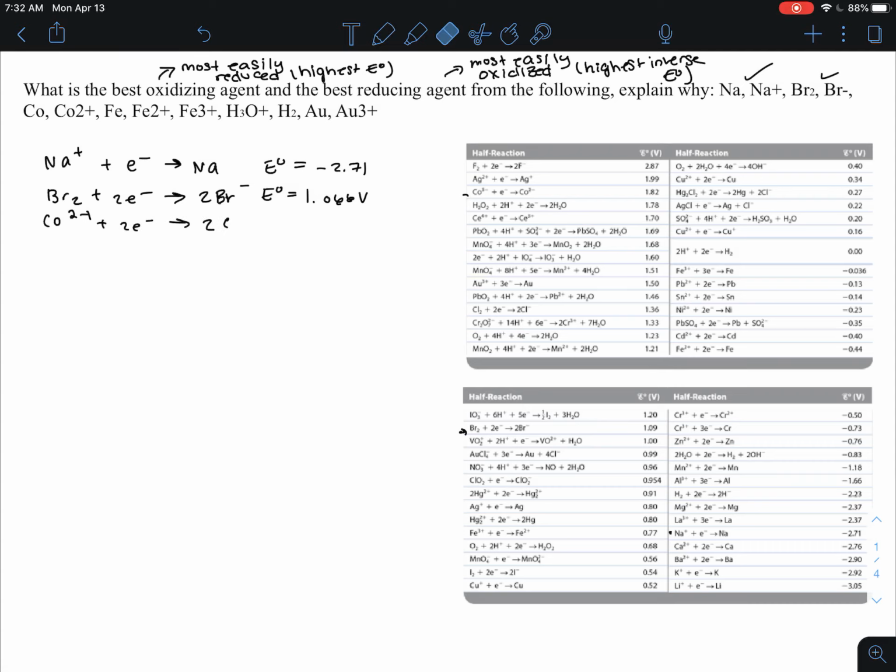So you have Co2+ plus 2 electrons to Co. Oh, that's not the same one, that's not the right one. This is 3+. So we have to look at the one that I found, which is negative 0.28 volts.